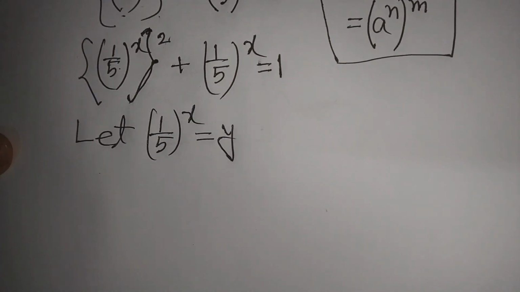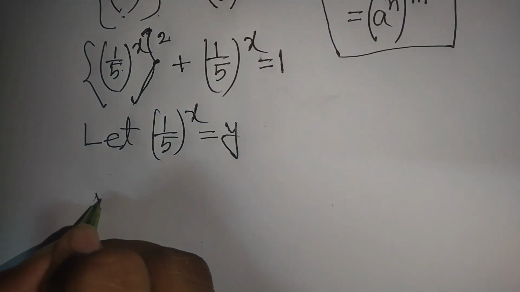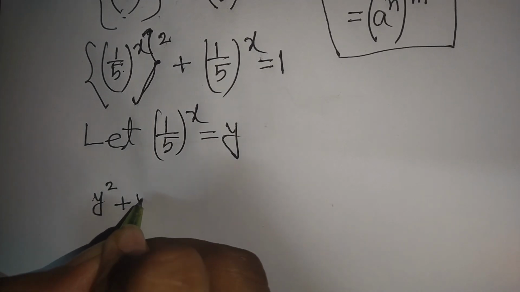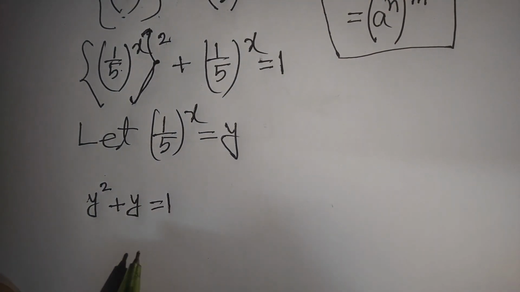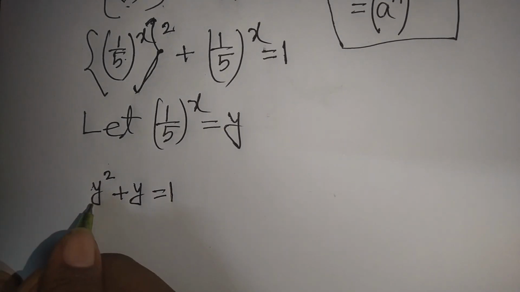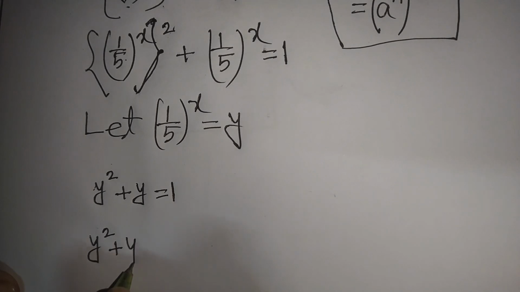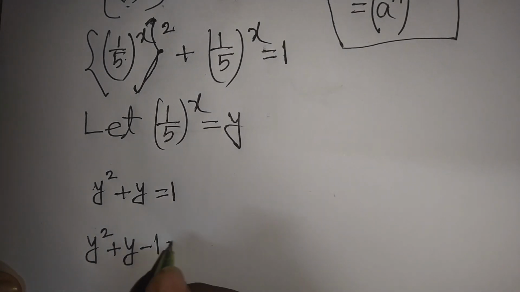So, our equation will be y square plus y is equal to 1. Now, we can write here y square plus y, then this plus 1 taken to the left side will be minus 1, is equal to 0.